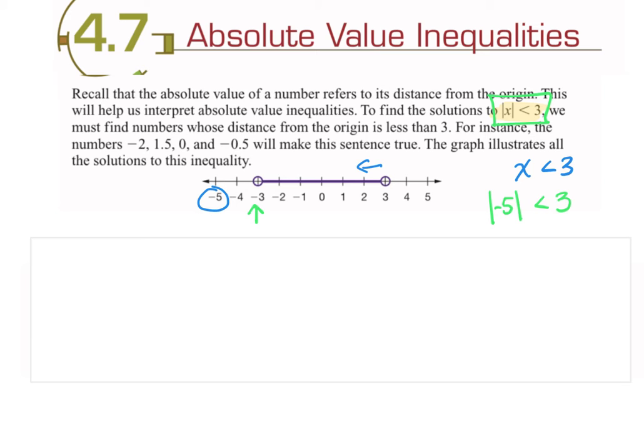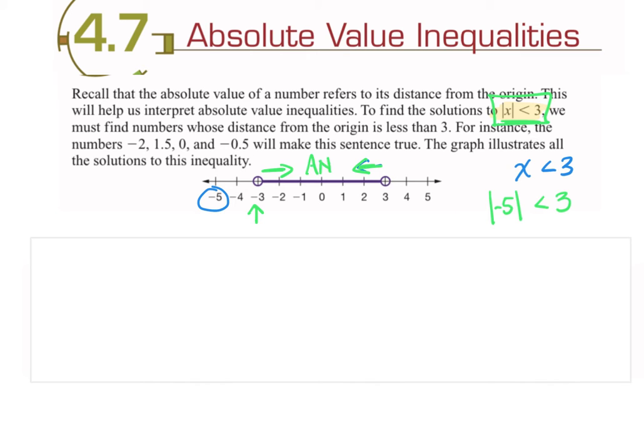and then all of a sudden you have to stop there. So really what you're telling me when you look at an inequality is if the absolute value is less than a number, it's going to be less than that number and greater than the opposite of that number. It's going to be an and.